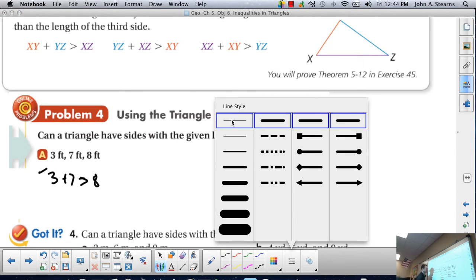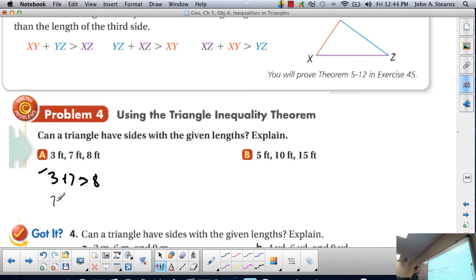We're going to do the same thing with the other sides. 7 plus 8 is greater than 3, so that one checks out. And finally, now we're going to take 3 plus 8 and see if that is greater than 7. If that checks out, then the answer is yes, that can be a triangle.